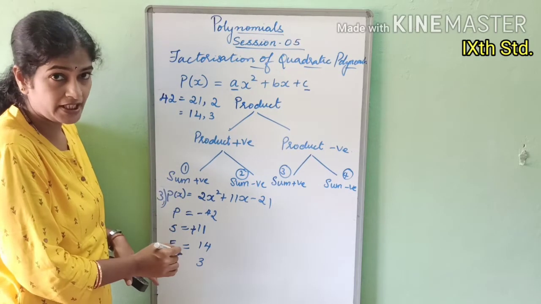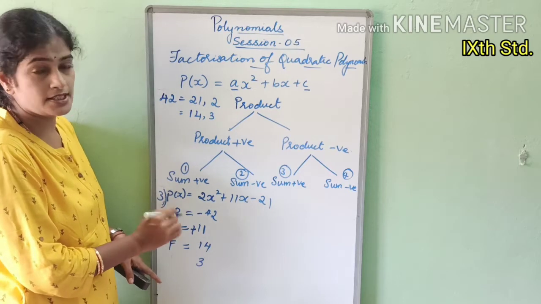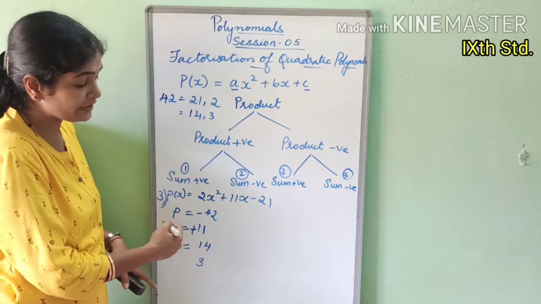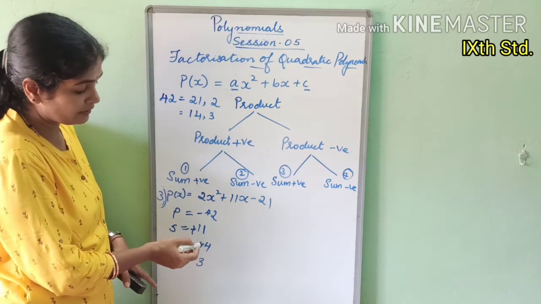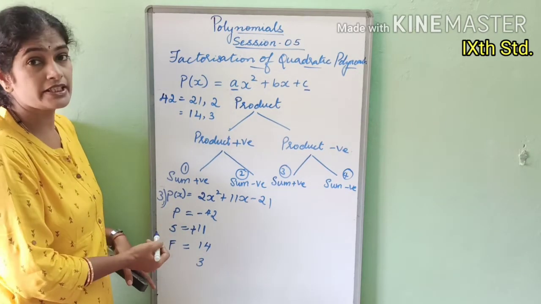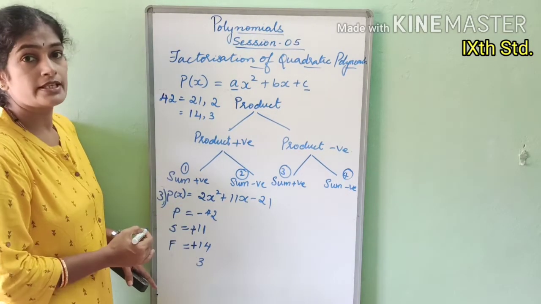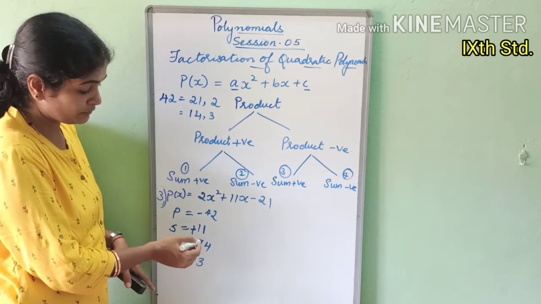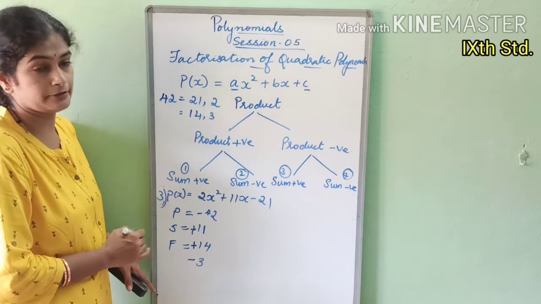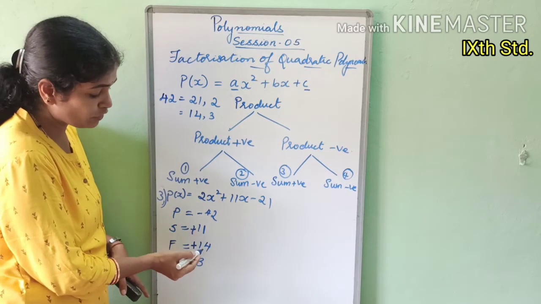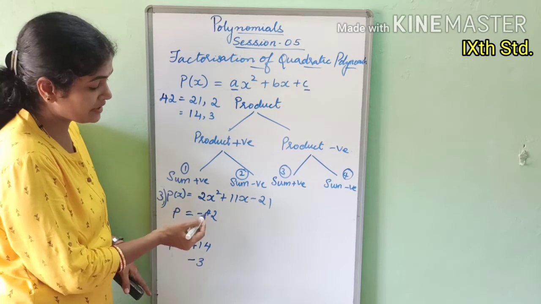In this, the sign of the sum is positive, and in 14 and 3, 14 is greater. So I will put the positive sign for 14, and the other one will be negative. Now look, 14 minus 3 gives you plus 11, and 14 into minus 3 gives you minus 42.